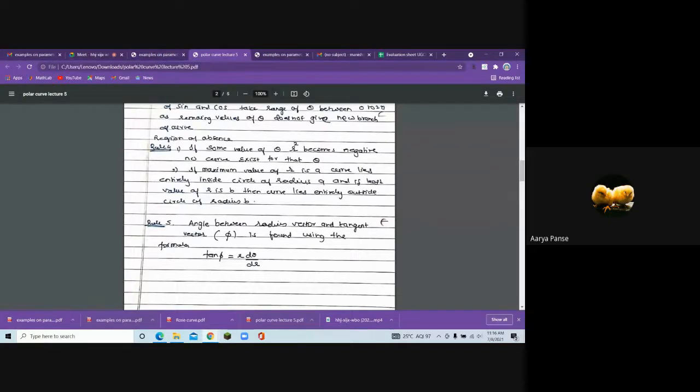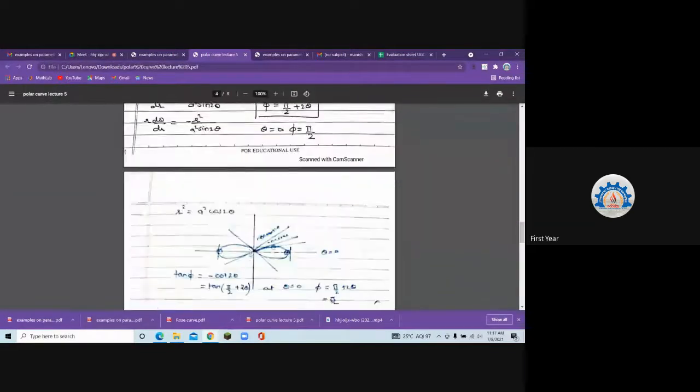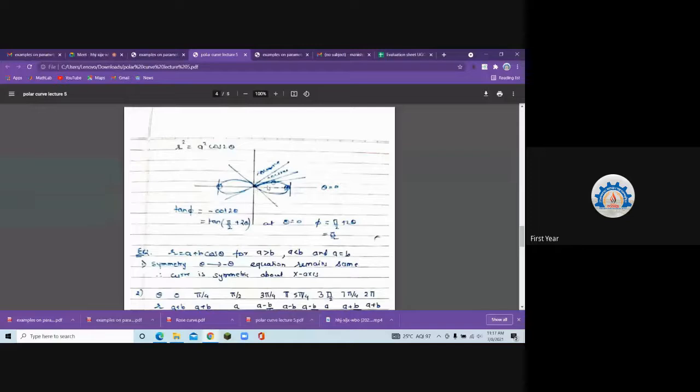Yes, ma'am. Okay, and then definitely we'll get the points, but how to draw? Whether to draw concave or convex, that will depend on the angle between the radius vector. Let me tell you what is the meaning of radius vector. For example, from origin till this point, this is your radius vector. Is it okay? समझ में आ रहा है क्या?